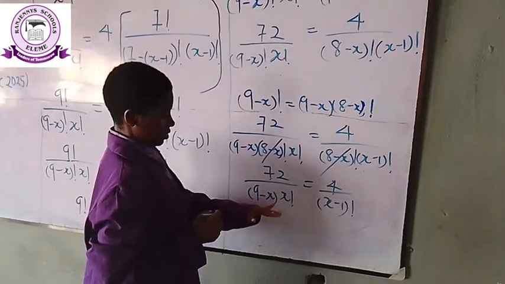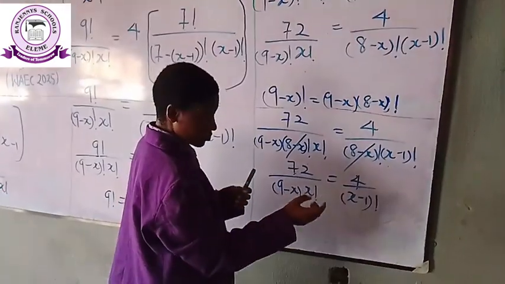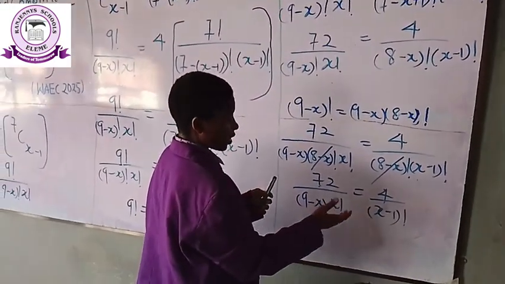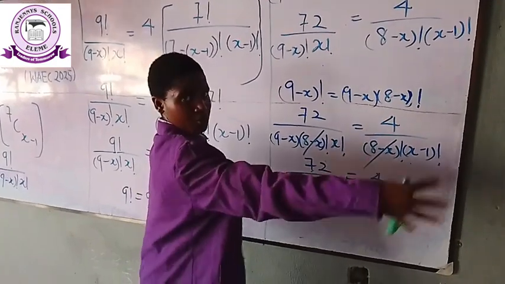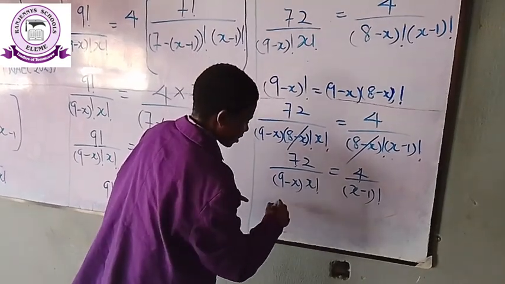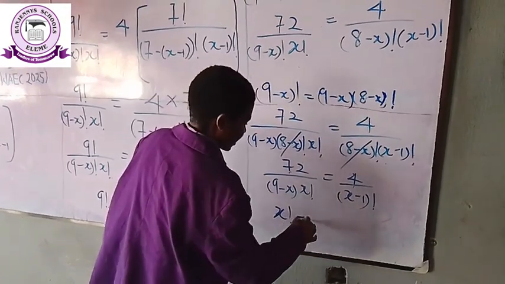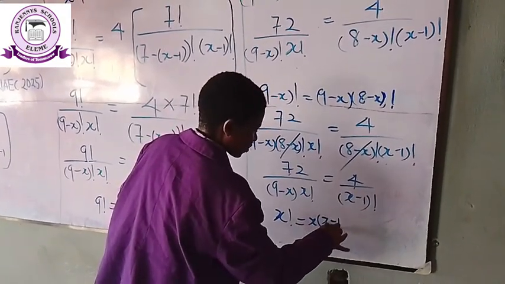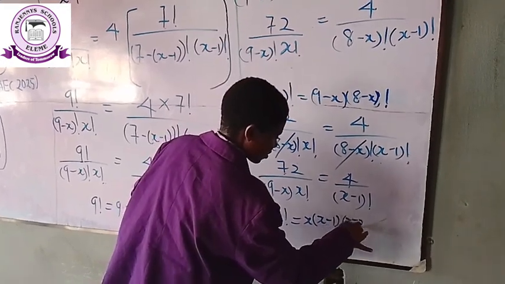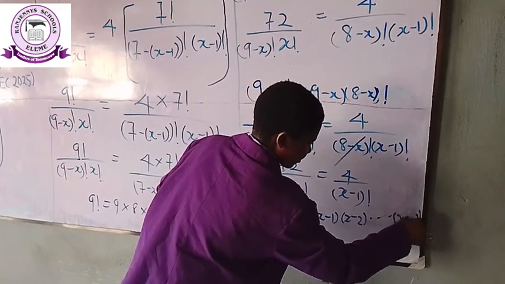I said that the factorial attached to any figure or number makes it go down to any other number. So x factorial is the same thing as x times x minus 1 factorial, and so on.